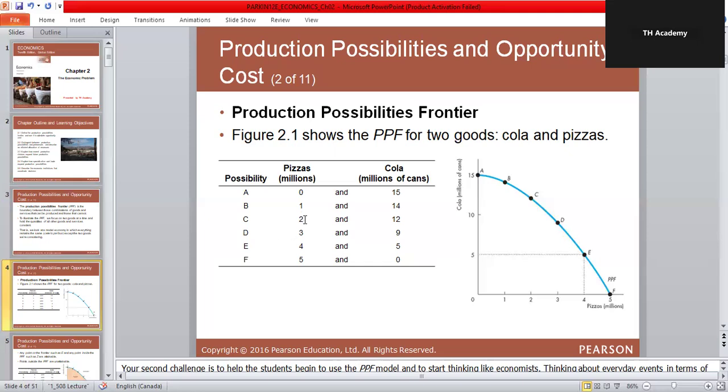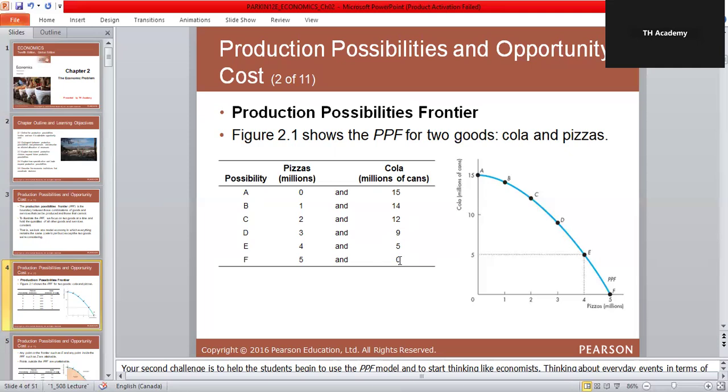Similarly, point C indicates two pizzas with 12 cola. Point D indicates 3 pizzas and 9 colas. Point E indicates 4 pizzas and 5 colas, whereas point F, which is the last point, indicates 5 pizzas and 0 cola. So, these are all the mixes of pizza and cola.